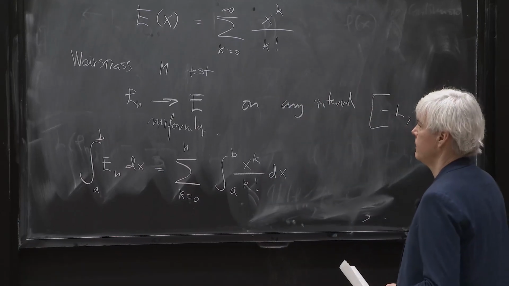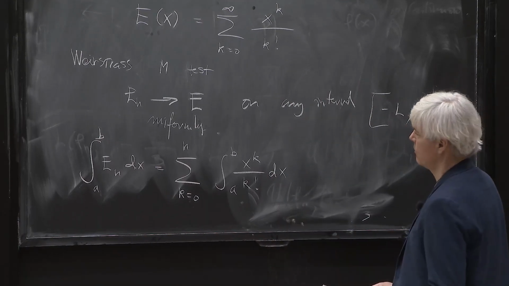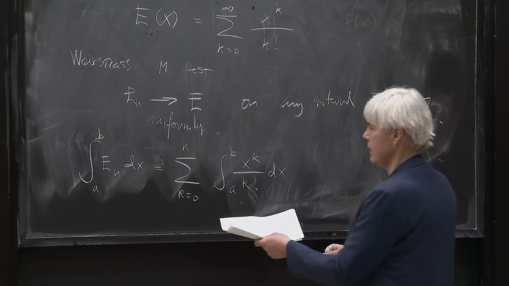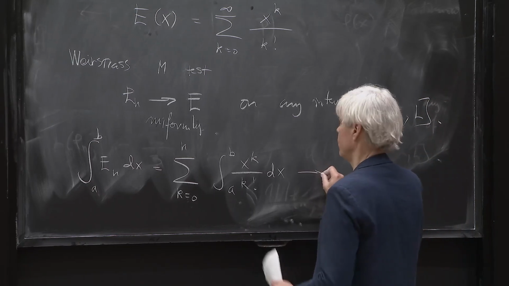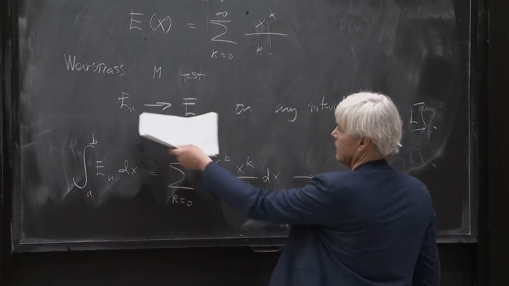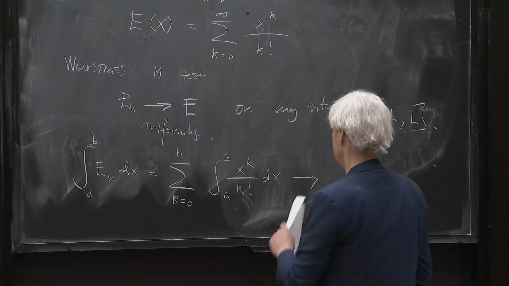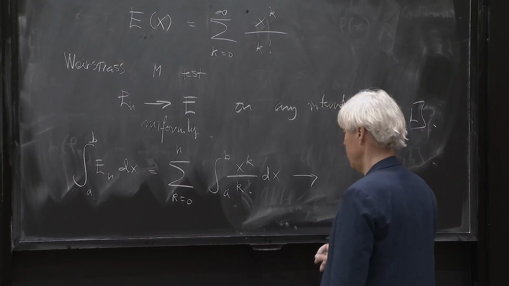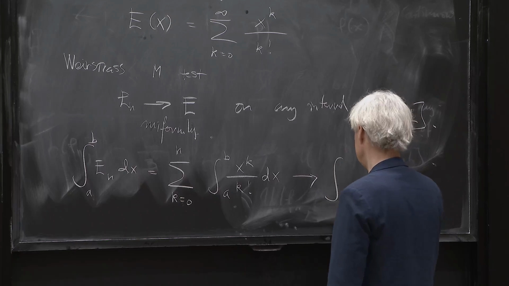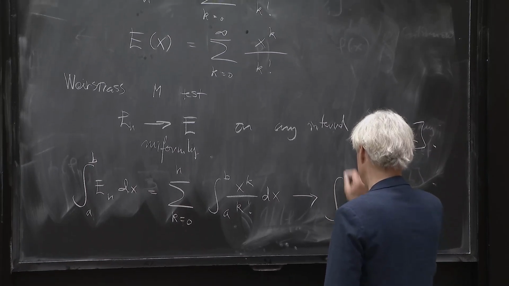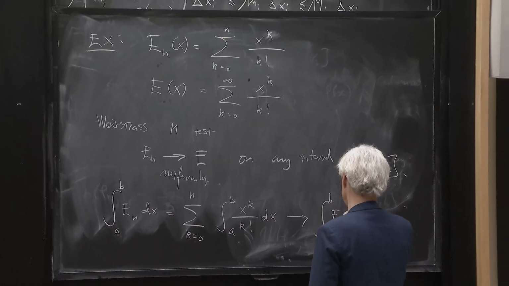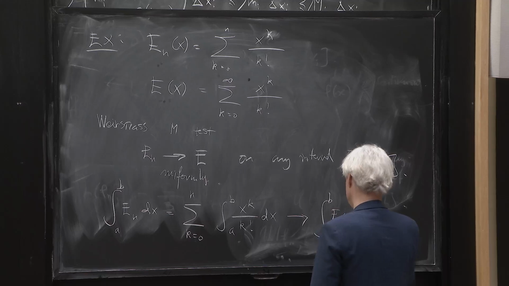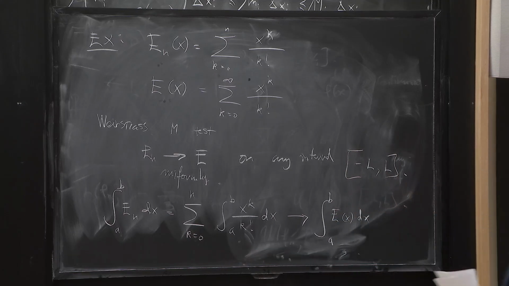The theorem that we just proved says that because the convergence is uniform, each of these is integrable. This means that the limit is also integrable, and the integral of the exponential function is the limit of these integrals.